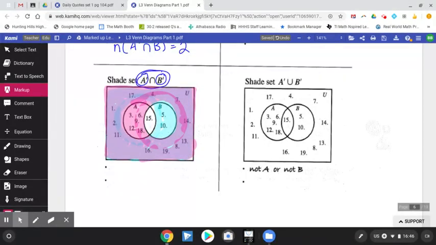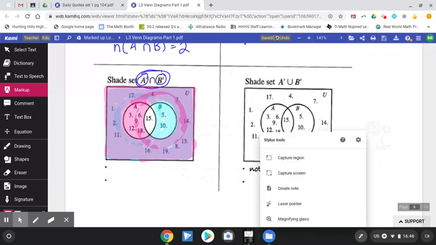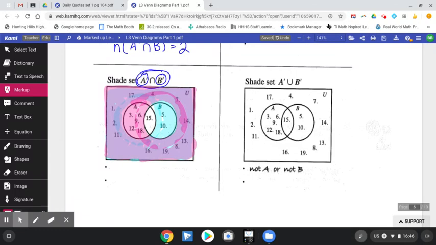If I was erasing with a normal eraser right now, I would erase this part in here because there's no overlap there, and I would erase this part because there's no overlap in there. The only part we keep in our answer, where the intersection is, is where we have the overlap.